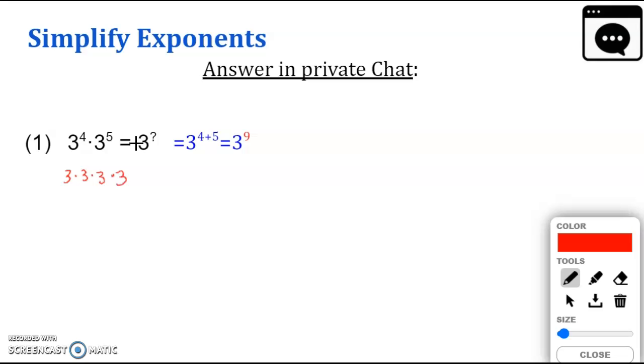And 3 to the power of 5 is multiplying 3 five times. So you can think of it as 3 being multiplied 5 times and then 3 being multiplied 4 times more. So you just add the exponents, 4 plus 5, which is the same as 9.